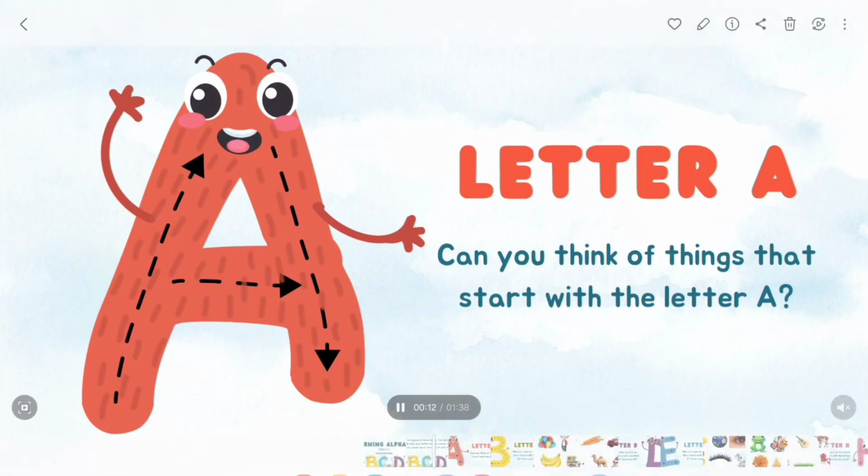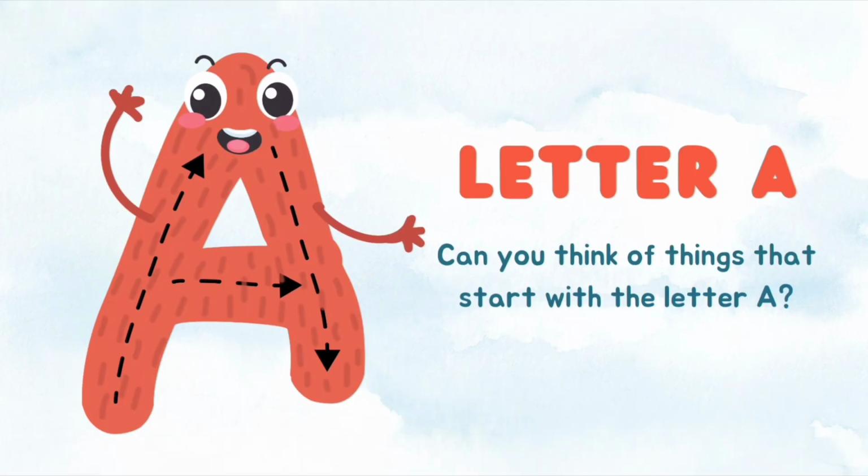This is the letter A. So how are we going to write this? This way. You're going to join these two slanting lines and one sleeping line.